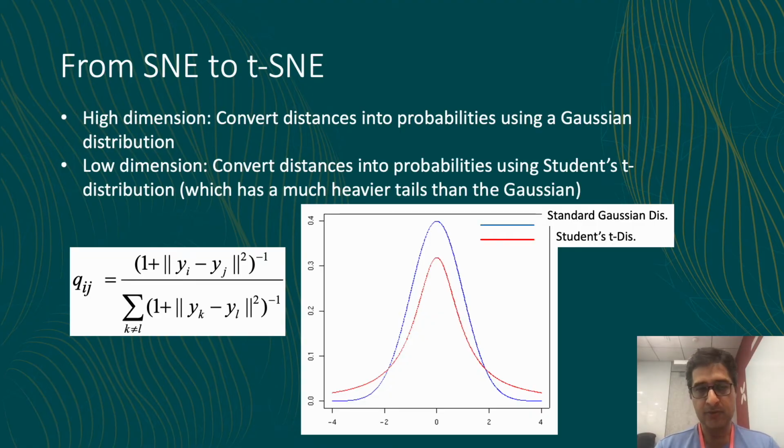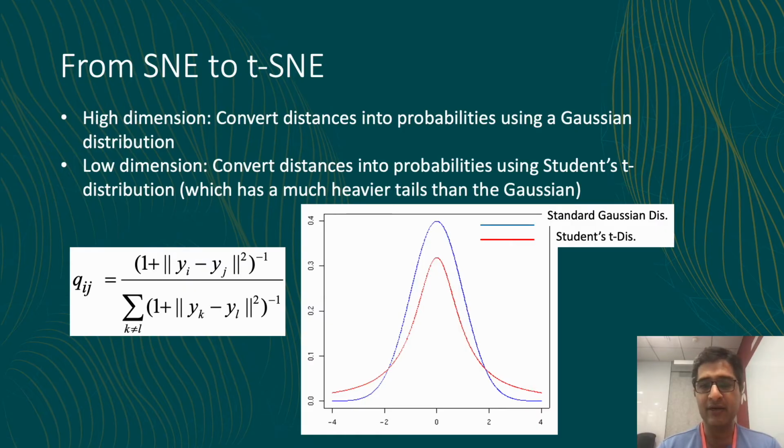And coming to how it should look, in the higher dimensional space, it is okay to convert distances into probabilities using a Gaussian distribution, whereas in the lower dimensional space, it is better to convert distances into probabilities using a student's t distribution. Now, why is that important, right?